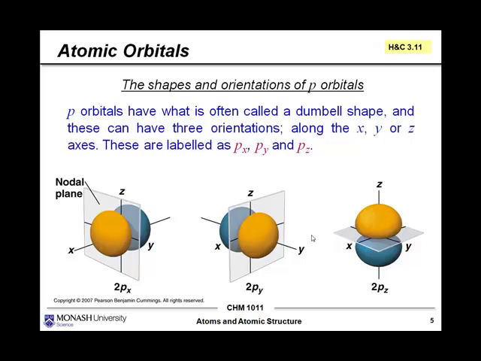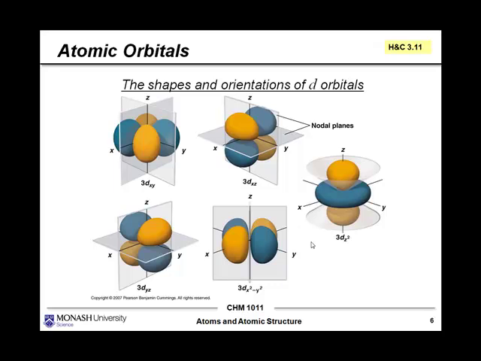That is, it's like a shish kebab with the x-axis going through the two lobes of the dumbbell. The py atomic orbital has the y-axis going symmetrically through the dumbbell, and the pz orbital has the z-axis going through the dumbbell lobes.